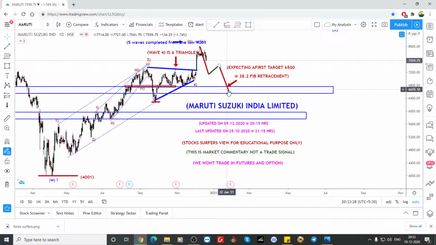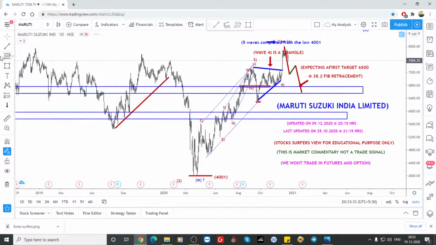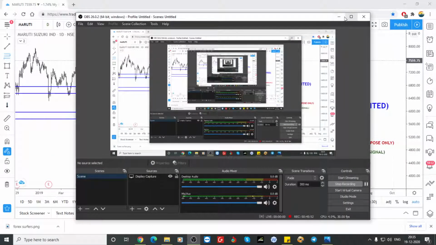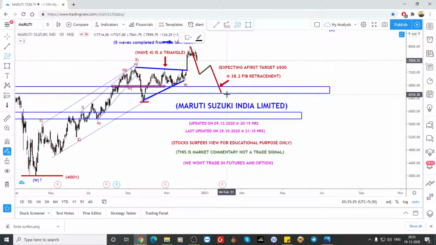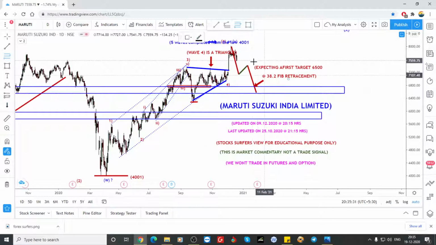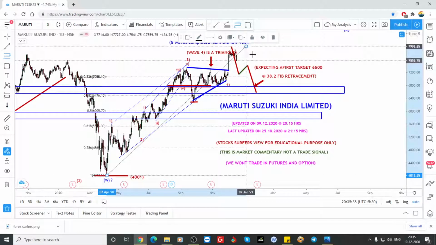So once it's completed, again to that 6600 zone, we need to buy, because it is a 38.2 retracement. So whether it has to come to the 6600, 6500, we need to watch this, and then we have to wait. And here, I think, yeah, 38.2 retracement is around 6400 zone.